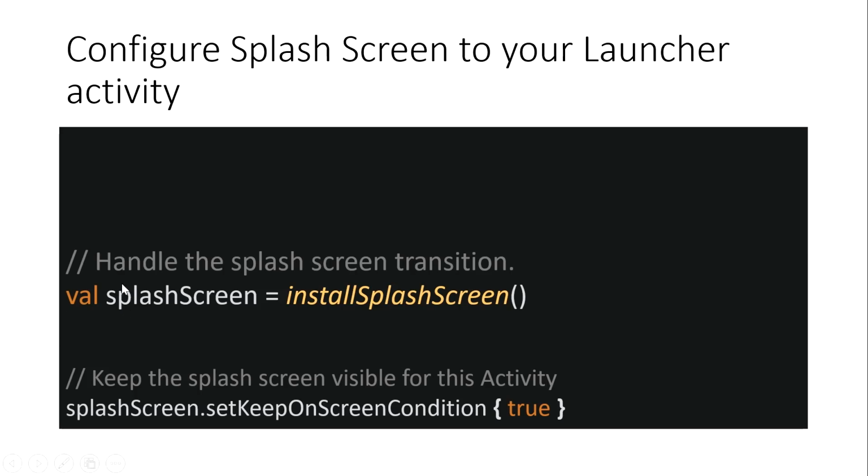First one is handling the splash screen transition, and by referring the object that we have created, we are going to set the keep on screen condition to true. This is required when you are migrating an existing custom activity to the splash screen that you have created. So let's see how we can.